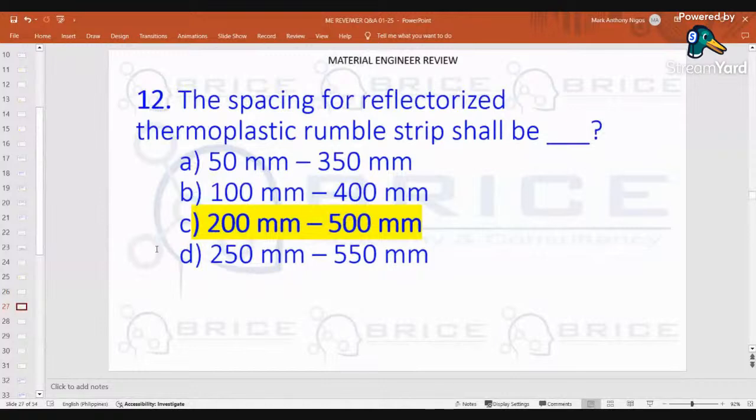Answer is 200 mm to 500 mm, letter C. Spacing for reflectorized thermoplastic crumble strip shall be 200 mm to 500 mm.